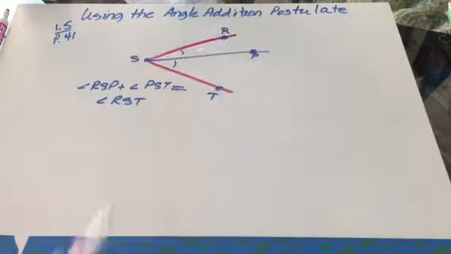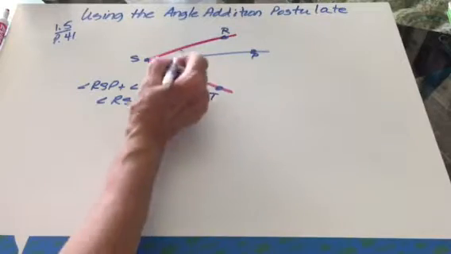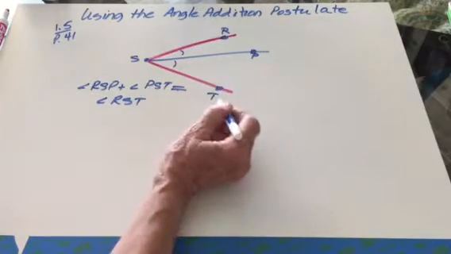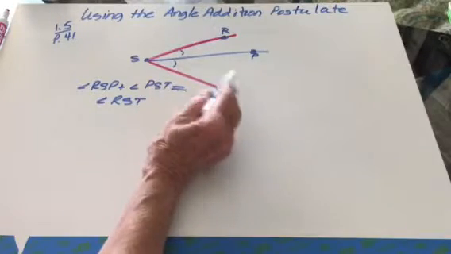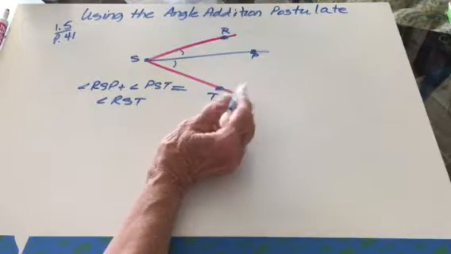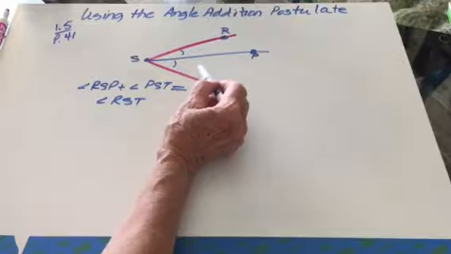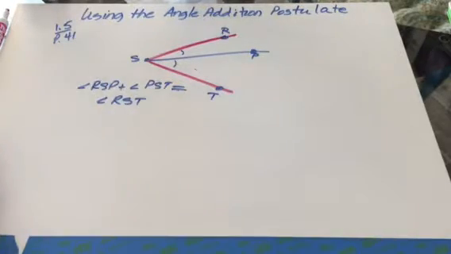Now it doesn't say it's cutting it in half. It's cutting it in two parts, but we don't know if they're the same or not. All it's saying is if I take an angle and I cut it in two parts, then when I add this together with this, it's going to equal the original big angle.